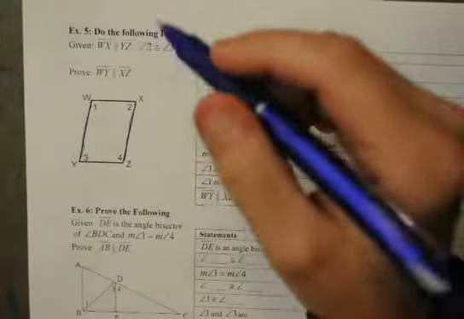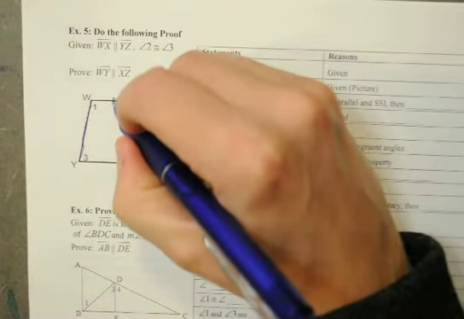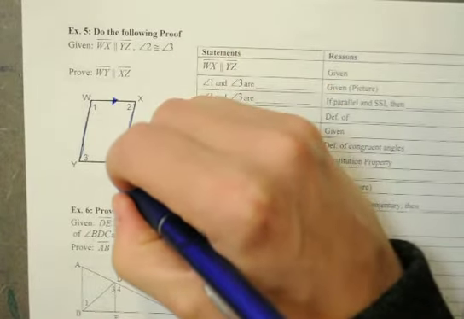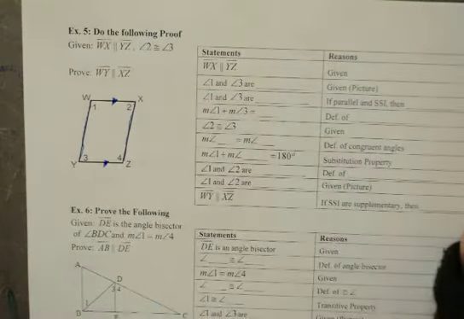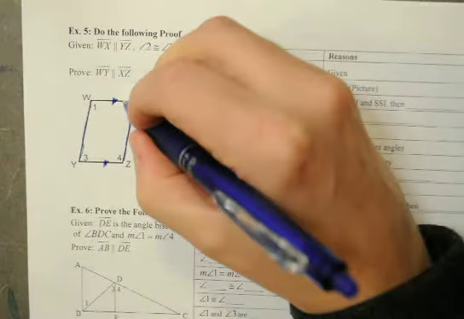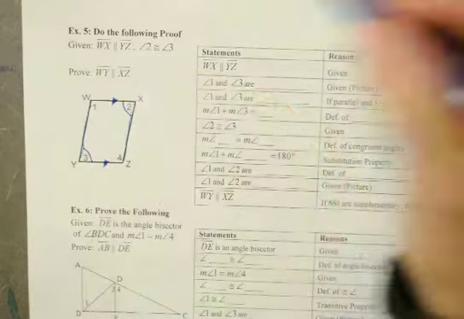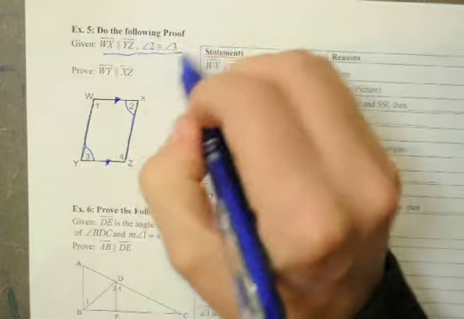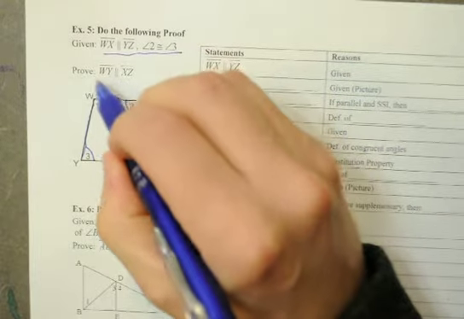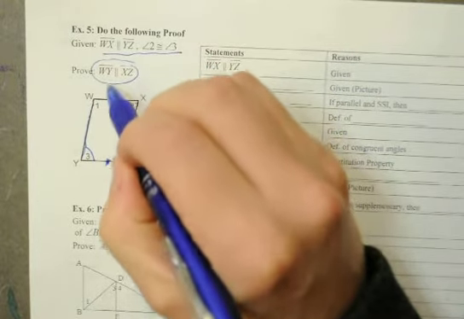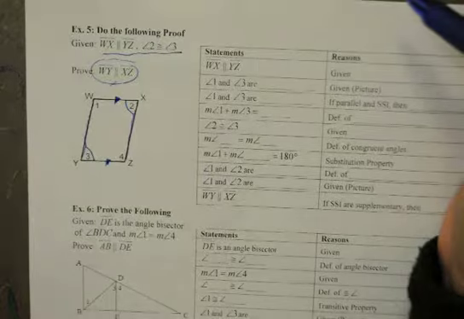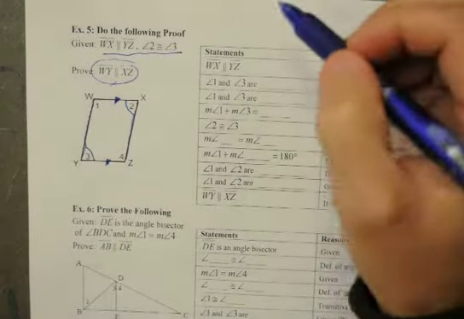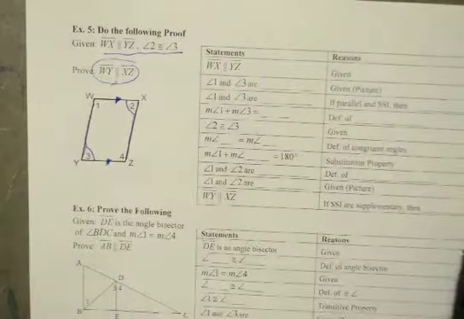Our givens are that this line is parallel to this line, and 2 is congruent to 3. Given this information, we need to use it to produce this statement. This is our goal. We use our givens to try to make this statement.